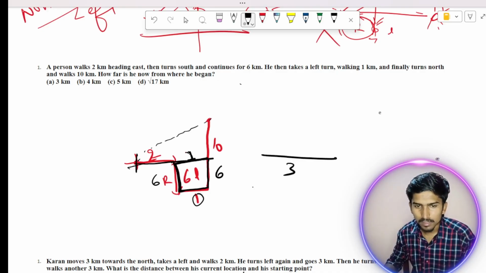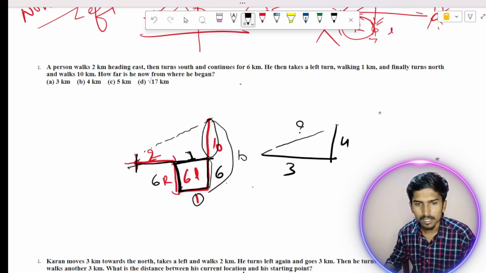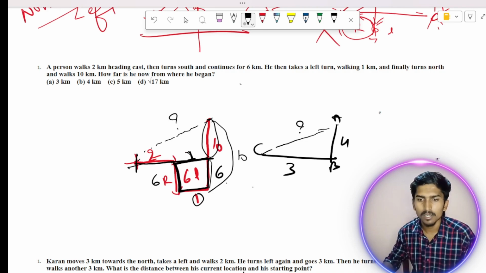If this is 10, the total is 10. If you subtract this 6, we get this one: 10 minus 6 is 4. We want this distance. How can we find it? Just apply the Pythagoras theorem.